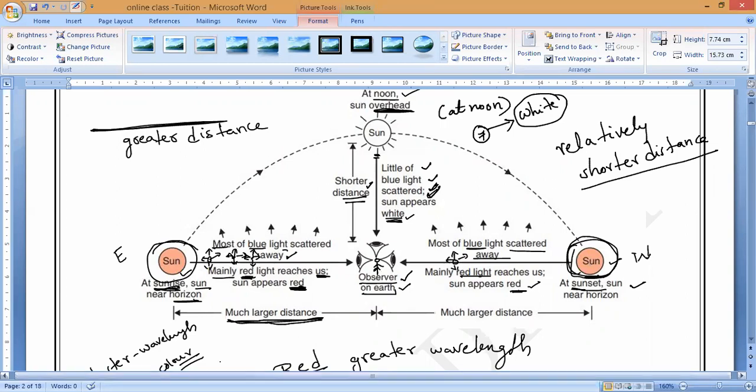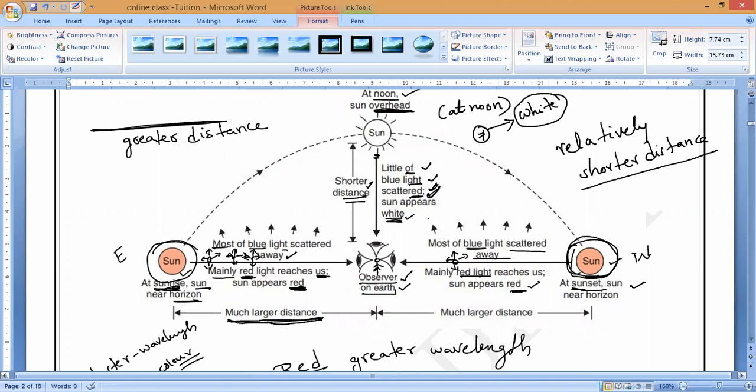Understand, guys? Yes or no? So during this shorter journey of sunlight, only a little of the blue light is scattered and the remaining blue light is unaltered.